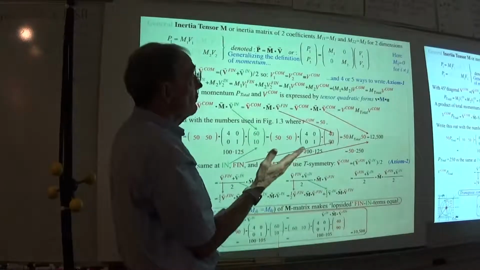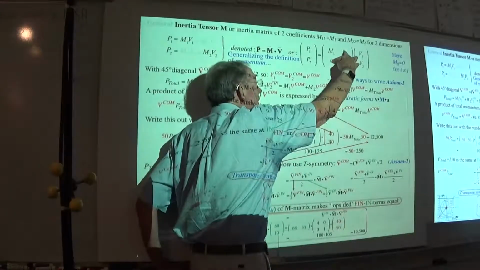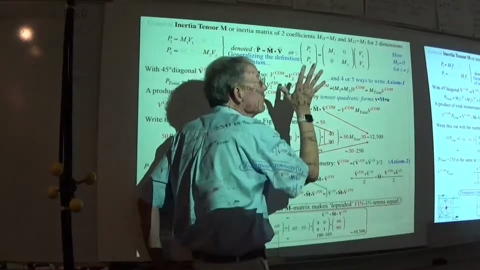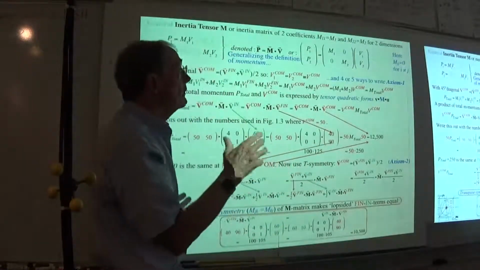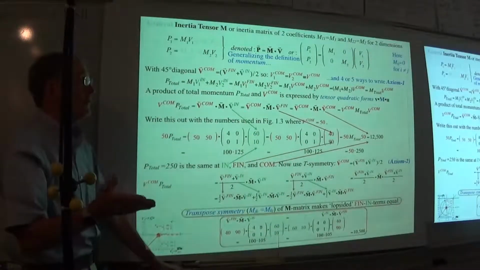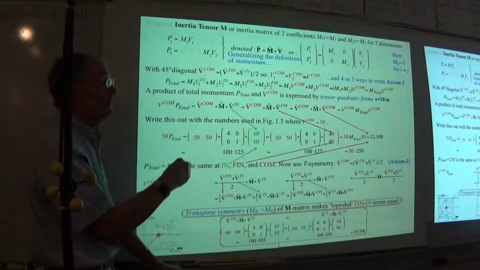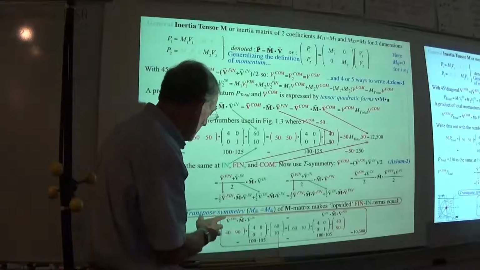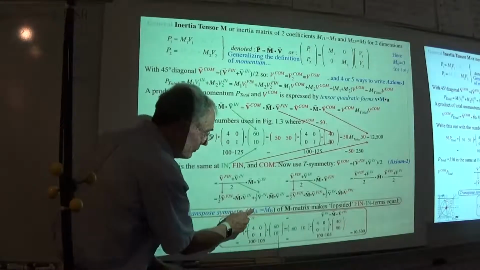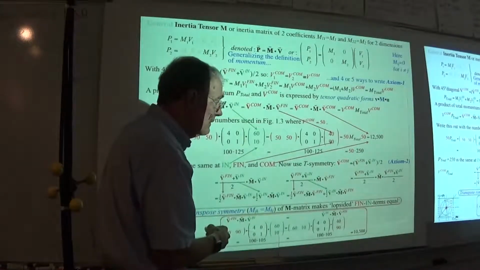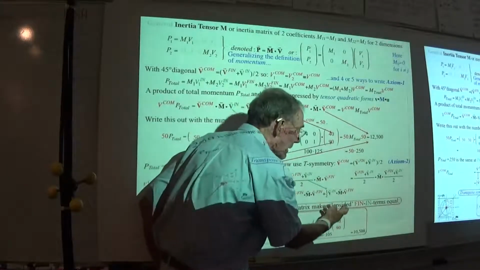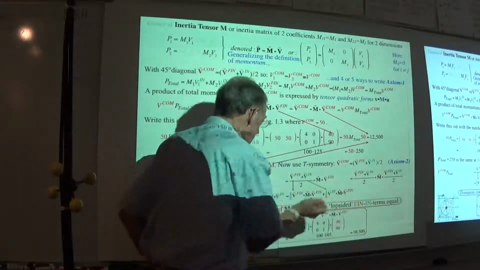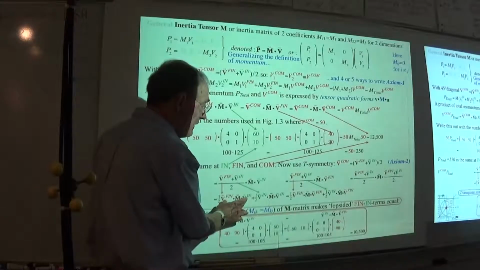And boy is it symmetric. It's two zeros equal to each other. But it will still be symmetric in the stuff that you do in solid state physics, where you're talking mechanics of things bouncing around in crystals. So that's cool. The transpose symmetry of that matrix makes the lopsided sum, this guy, equal to this guy.